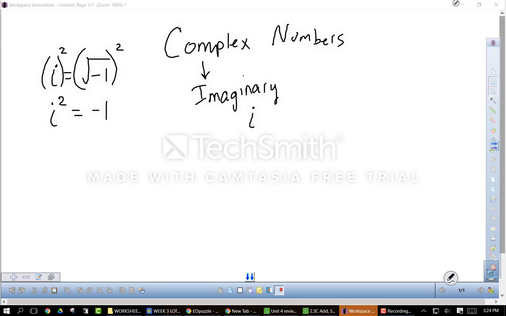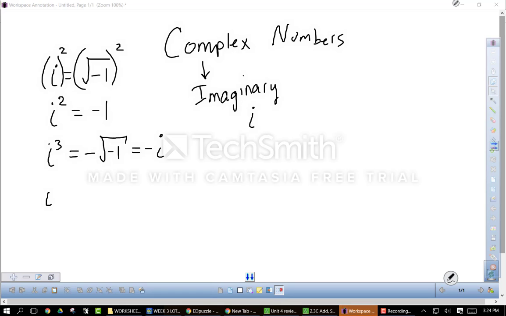So just i squared is always -1. Okay, so going further, i to the third power is just negative square root of -1, which is also -i. All those things equal each other, just different ways to write them.